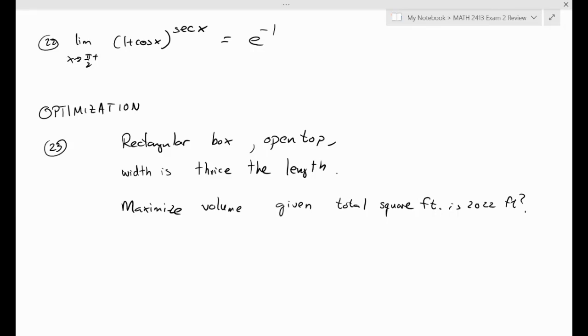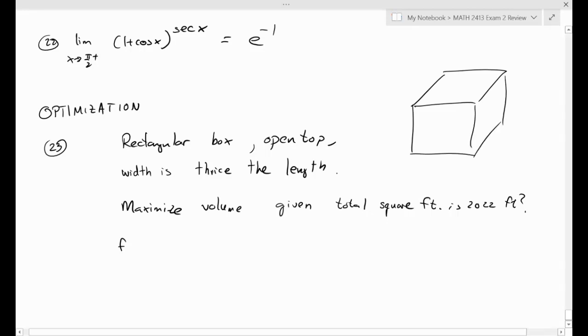Now, if they had given you, well, so we have to come up with our objective function that we want to maximize. So let's draw a box. Right, and what are the dimensions of that box? Well, I guess maybe x, y, and z, if you will.